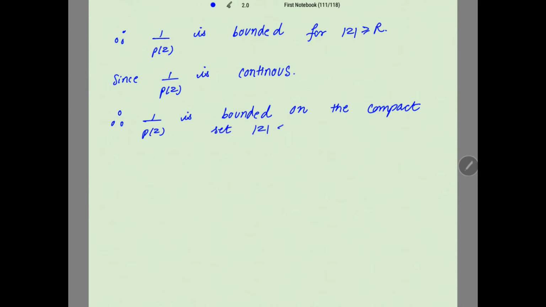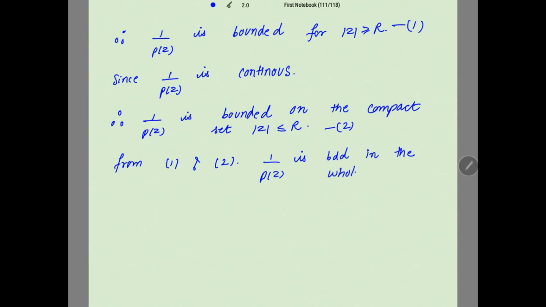Mod of z less than or equal to R, right? So thus from 1 and 2, this is your 1 and this is your 2, it is bounded for both the conditions. So from 1 and 2, 1 over p(z) is bounded in the whole plane, right? Yes.